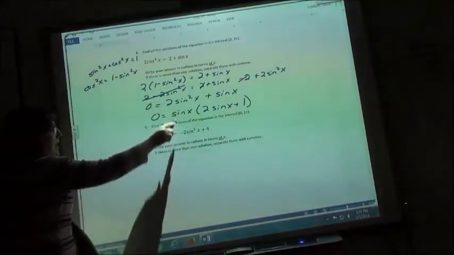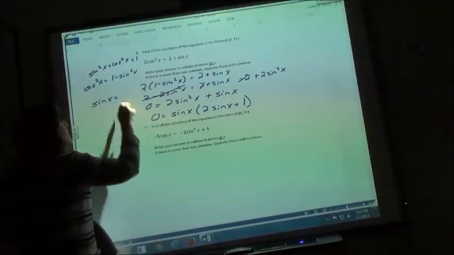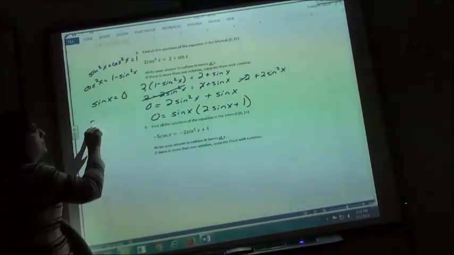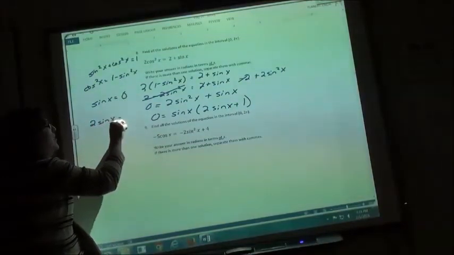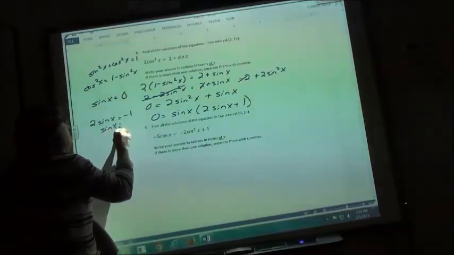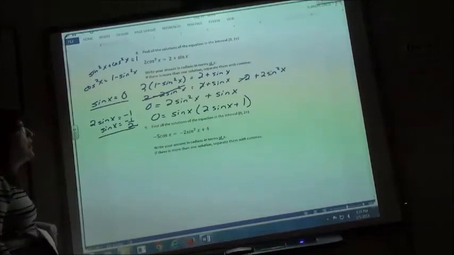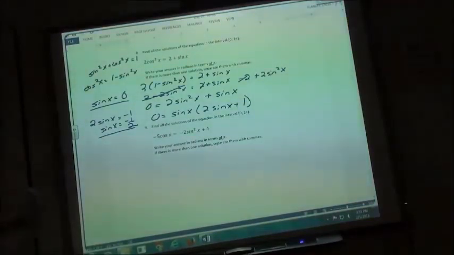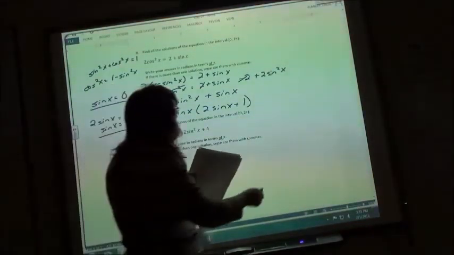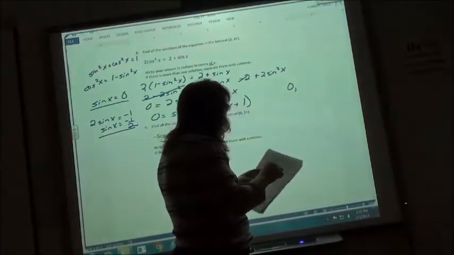So either the sine of x is going to equal 0, or 2 sine of x is going to equal minus 1, so sine of x equals minus 1/2. So sine of x equals 0 or negative 1/2. And then I'm going to look those up on my table. Sine of x equals 0 at 0 and at pi.